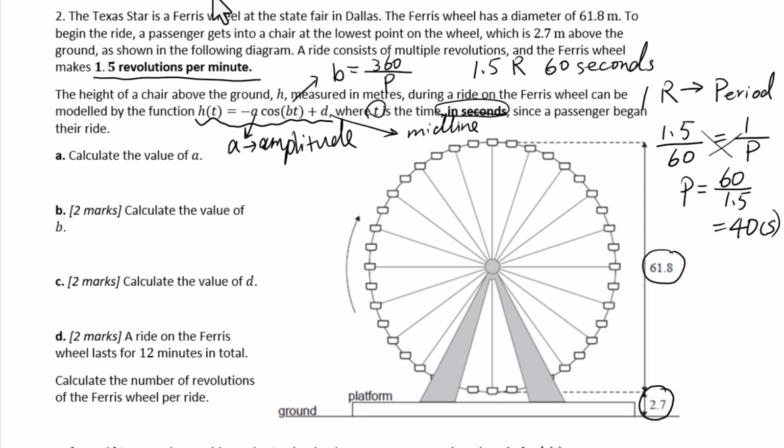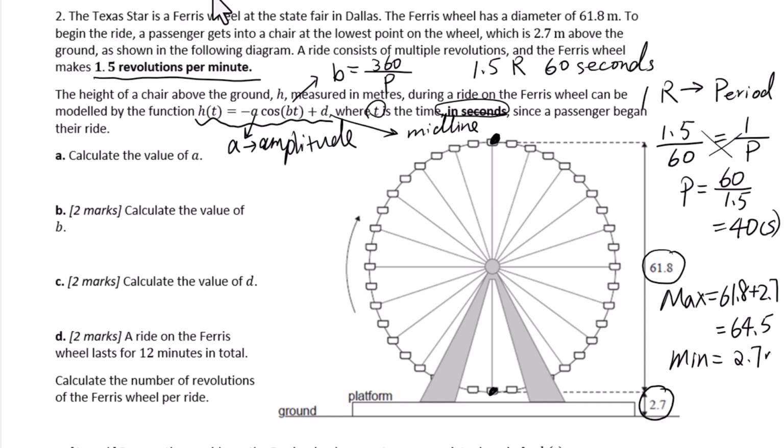From this diagram, we can figure out the maximum value equals 61.8 plus 2.7. This is the maximum height equals 64.5.